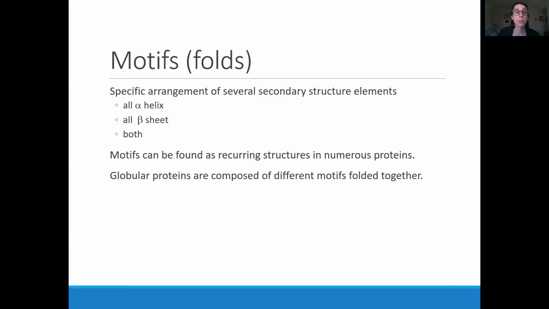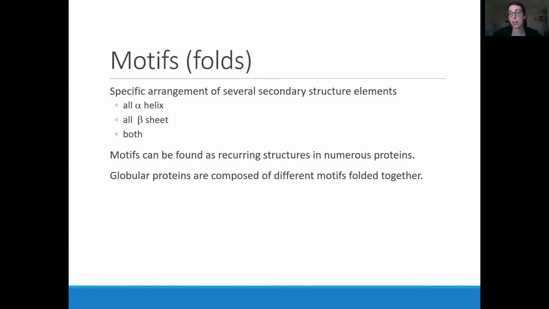These types of globular proteins can have an arrangement of several of those secondary structures we discussed. So they can have alpha helixes, beta sheets, or they can have both. They can still have all alpha helixes, but they tend to not be in an arrangement in which they are fibrous in nature.